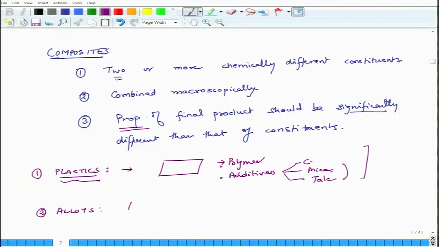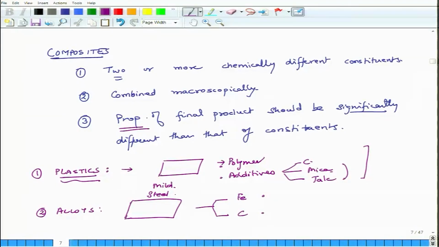Another example would be alloys. For instance, if you have a piece of mild steel, by and large mild steel has two components, one is iron and another is carbon, and if you mix them in the right proportion, the properties of the mild steel, for instance its tensile strength, will be significantly different than the tensile strength of iron and also the tensile strength of carbon.